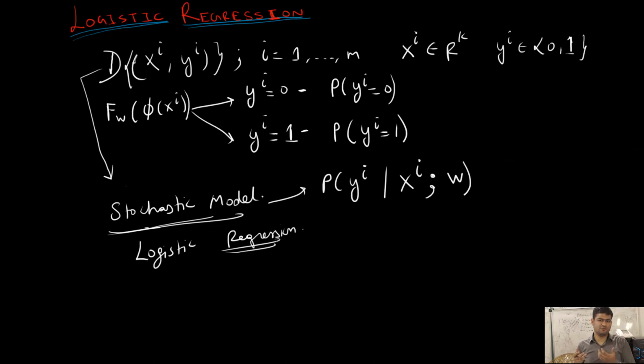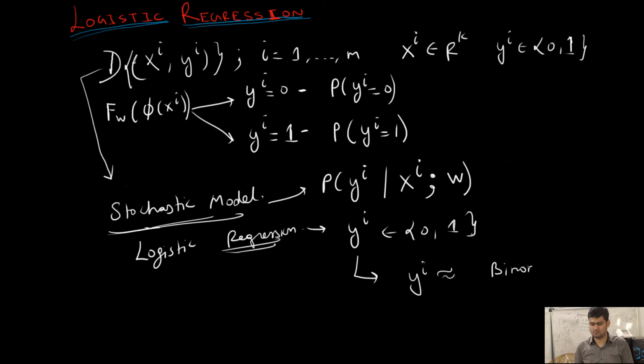Logistic regression is a kind of regression where each of the yi's is binary, 0 or 1, and the yi's follow a binomial distribution. It is not important for this lecture to know exactly what a binomial distribution is because we will be covering it in the later part of this course.